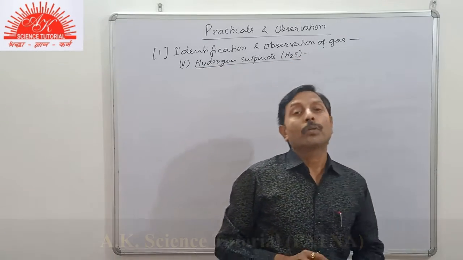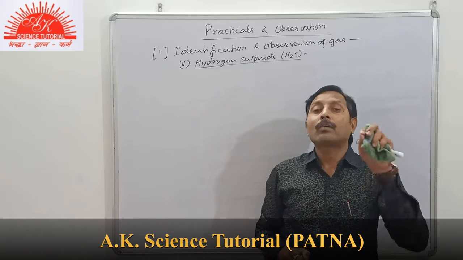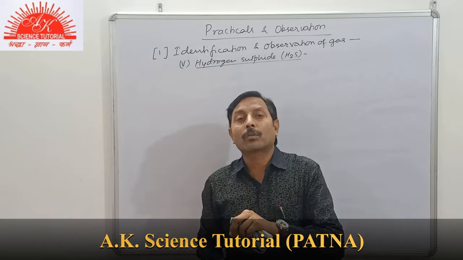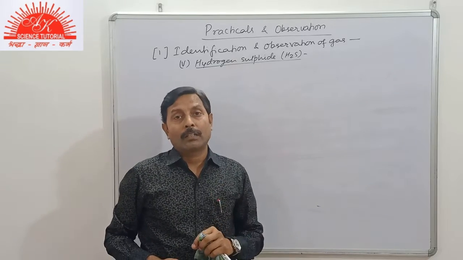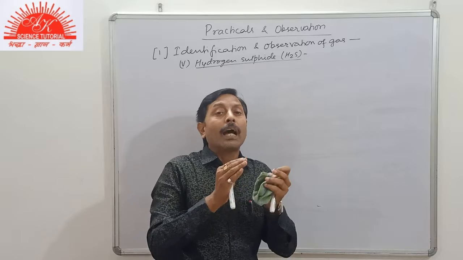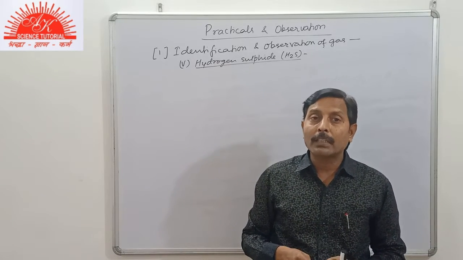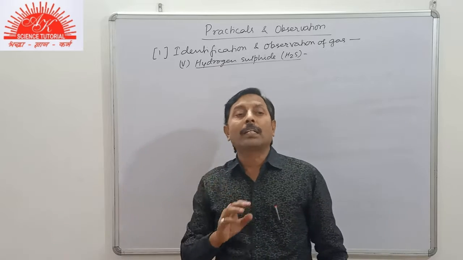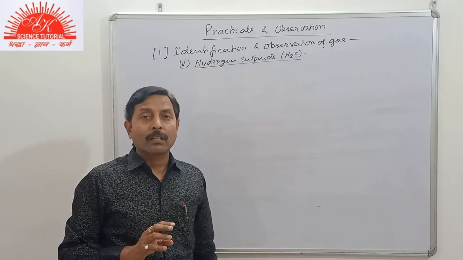Now, how is the H2S produced? Hydrogen gas is passed through molten sulfur, or we can react hydrogen directly with sulfur. It will be hydrogen sulfide gas. But in practicals, this is not the method to obtain it.